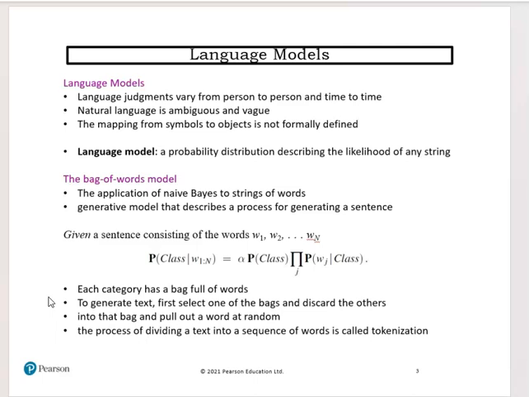So there is ambiguity here in natural language. And it's also vague. For example, when you say "that's great," it's not really clear what is great or how great it is. So the mapping from symbols to objects also is not formally defined.